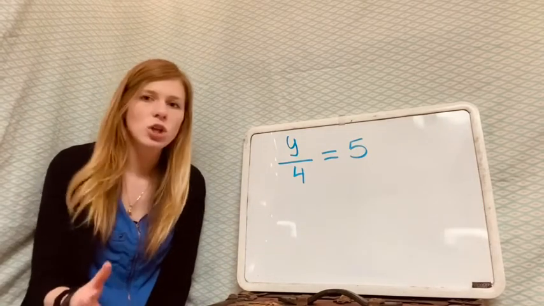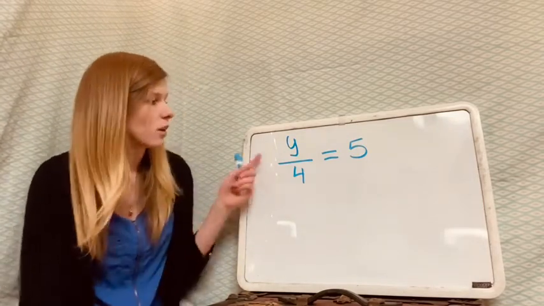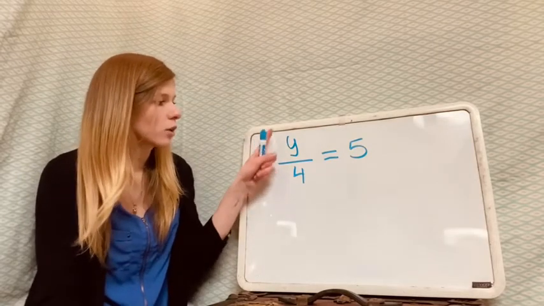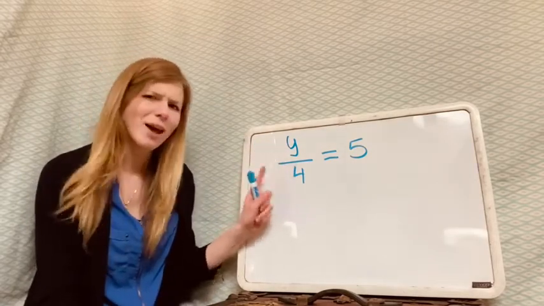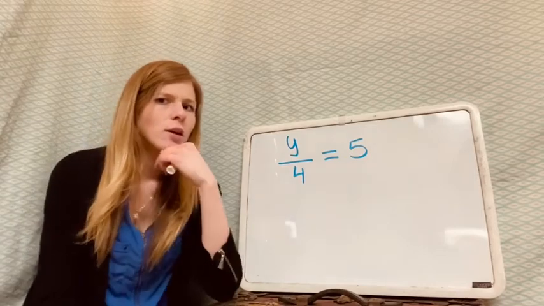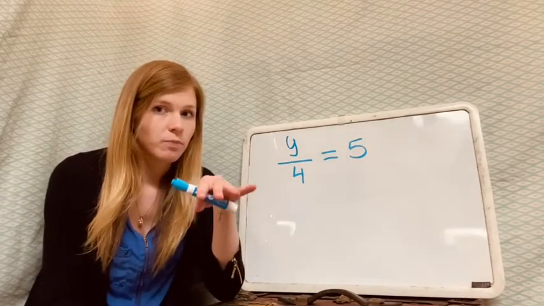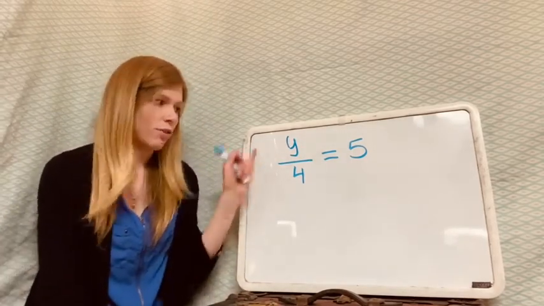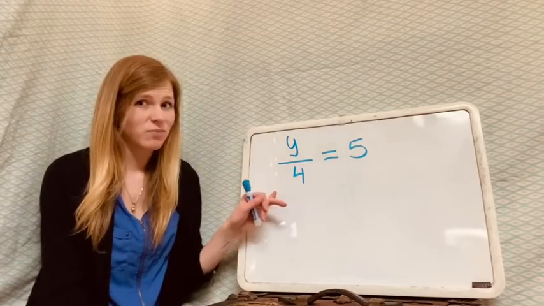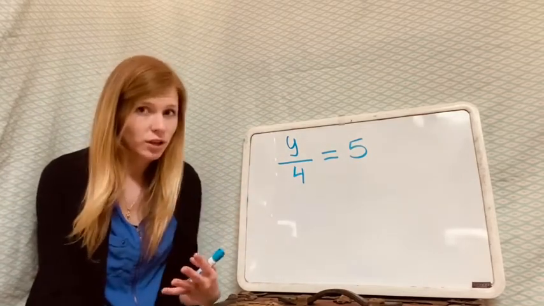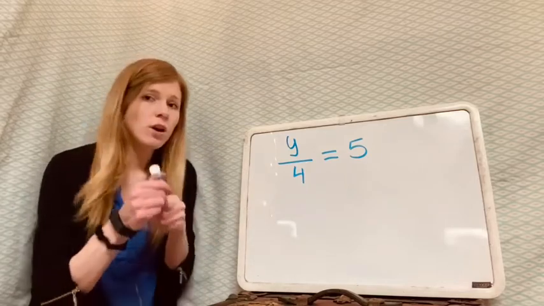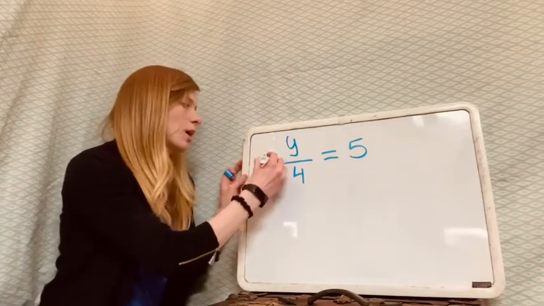So next thing I need to look at is my variable. Okay, variable is y. y seems to be bothered by this 4 right here. So just like the last problem, I need to get rid of whatever the variable is being bothered by using the opposite operation. Since we're dividing by 4, I am going to multiply by 4.